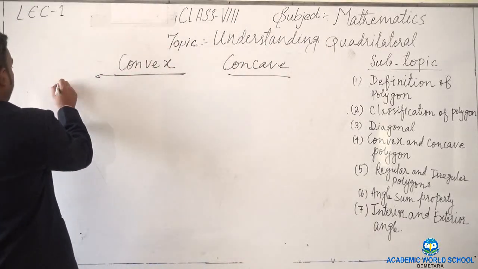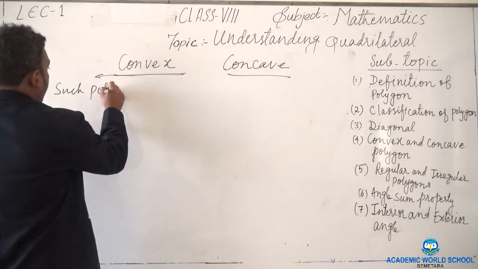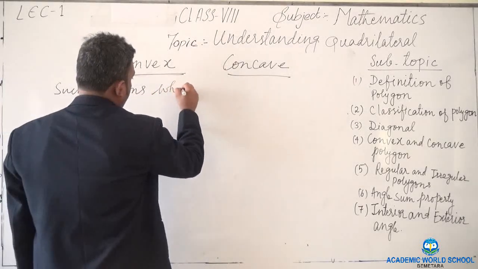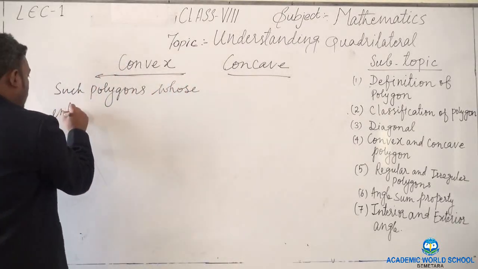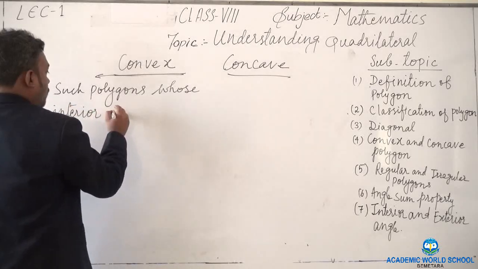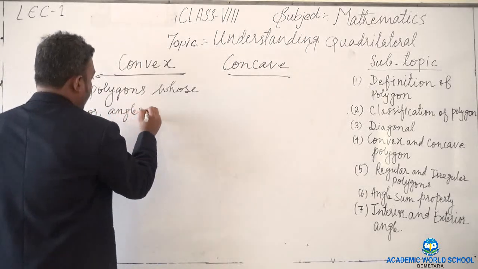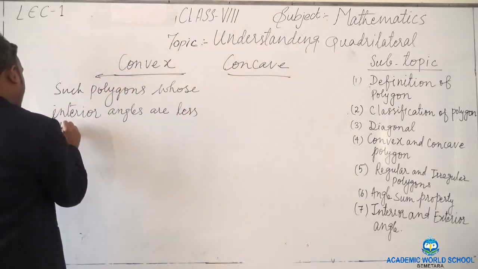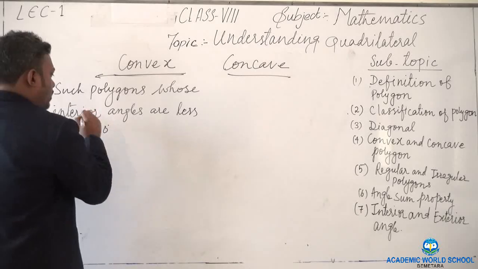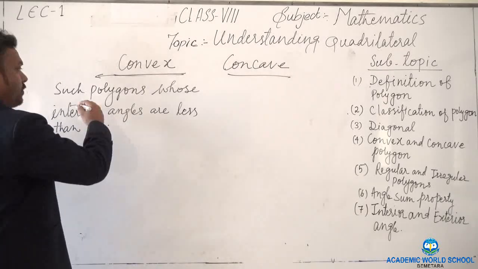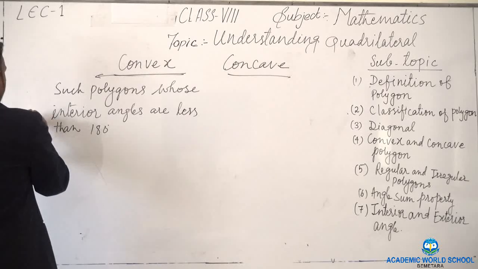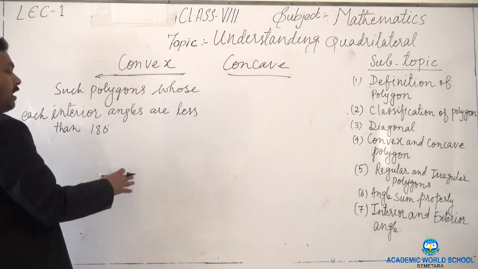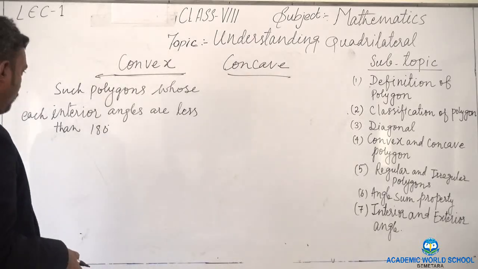Convex polygon: such polygons whose interior angles are less than 180. You can say each interior angle of such a polygon is less than 180.